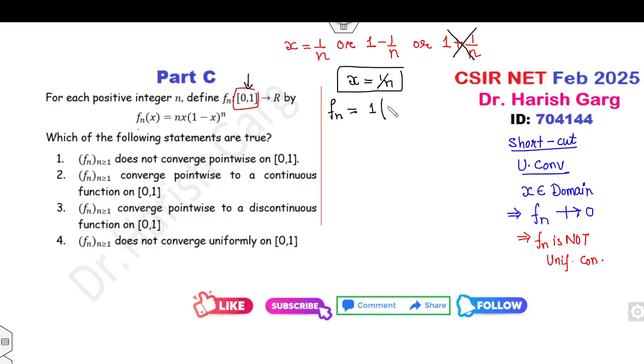It is 1 minus 1 over n raised to power n. When n approaches infinity, this value will be 1 over e. So clearly this number does not go to 0. That means this is not uniformly convergent. So it does not converge uniformly, right options.